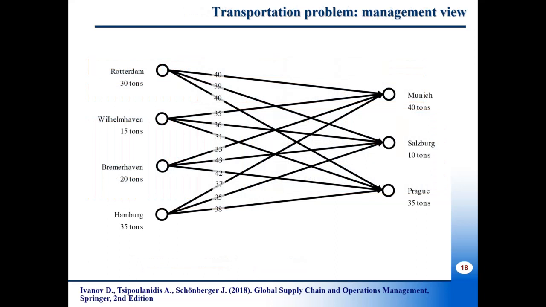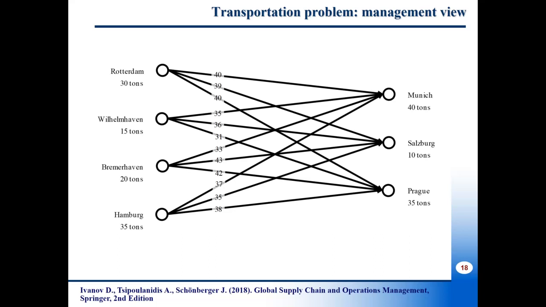Now let's see the figure in our slide. The figure shows direct transportation from 4 ports, 3 in northern Germany and 1 in the Netherlands. The problem is a many-to-many transportation problem, and each port has access to directly transport wood to Munich, Salzburg and Prague.